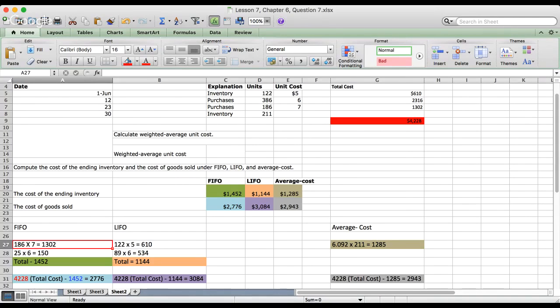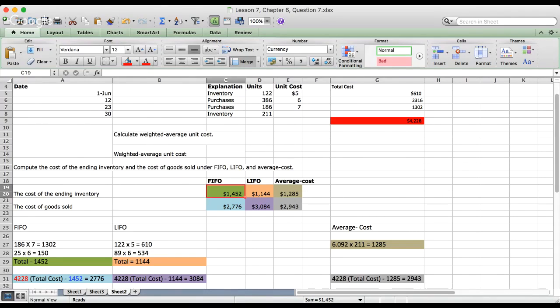Then we have 25 remaining, so we will take that 25 out of this 386 number and times that by 6. So 25 by 6 is 150, for a total of 1,462, which I kind of tried to color coordinate. That's where the cost of the ending inventory works out.